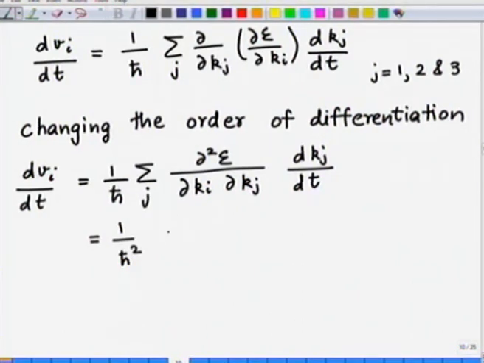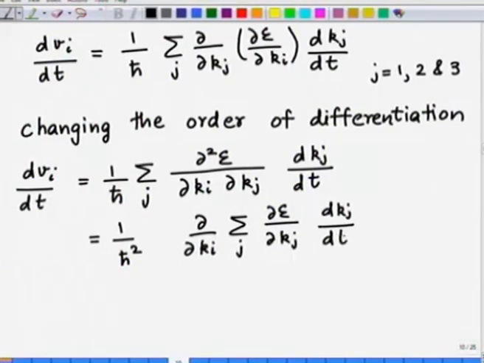And what I am going to do is take this del by del k_i out, and I am going to write this as summation over j of what quantities? Del E by del k_j and dk_j/dt. Sorry, h bar also should be put in there.